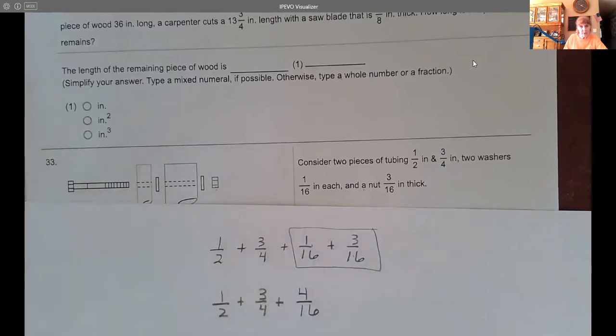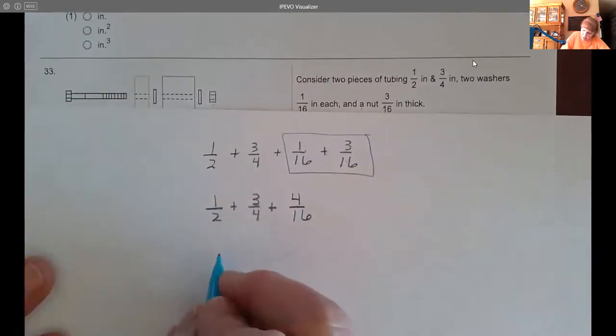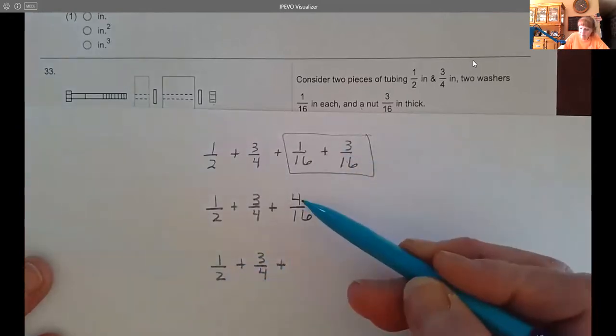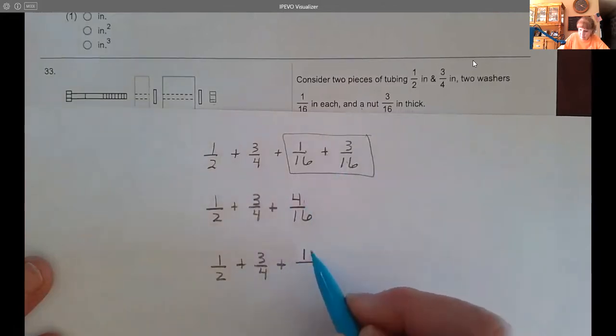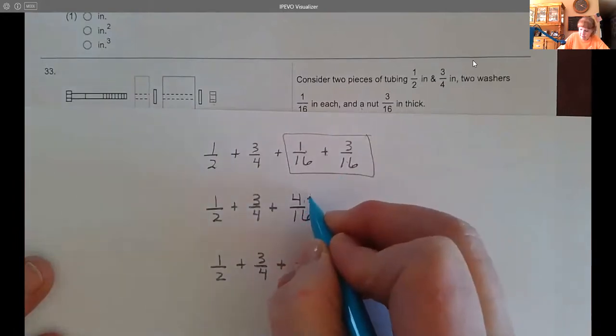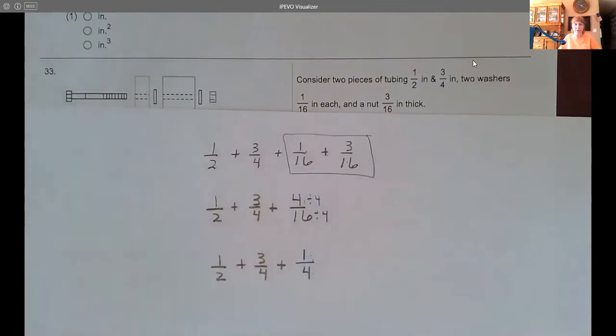Well, this can be reduced, which may help us out quite a bit. 1/2 plus 3/4 plus 4/16. 4 goes into 4 once, and 4 goes into 16 4 times. So I divided both of those by 4 to reduce it to 1/4.